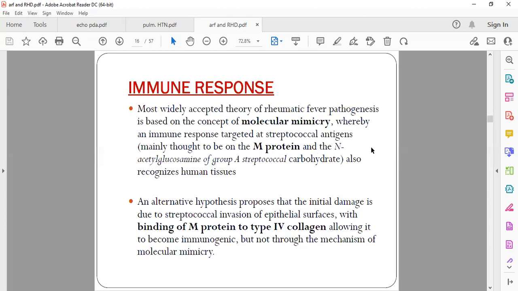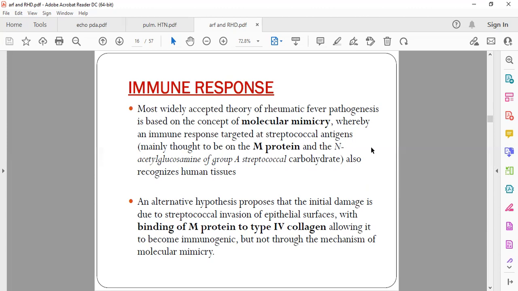Immune response. The most common explanation given, which we have all been reading since our MBBS time, is molecular mimicry. What happens is that there are some particles of group A Streptococcus which resemble our normal organ structure.